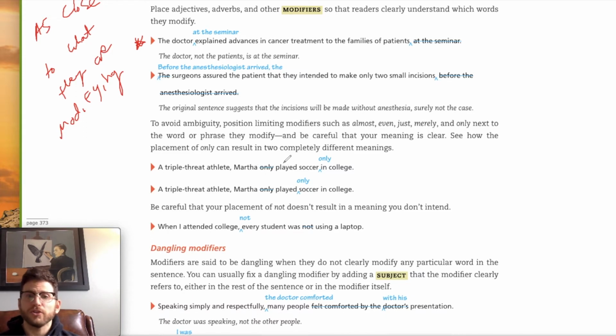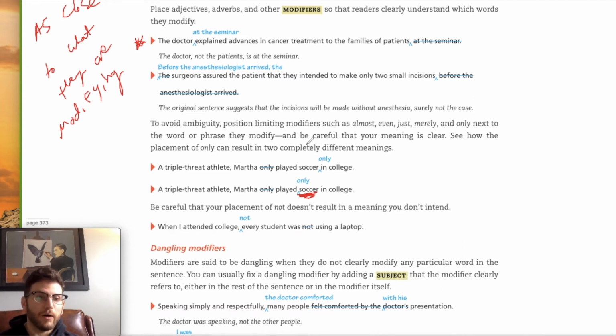So, sorry, I misread the sentence. So, if we want to say that she played soccer and soccer alone, okay, then what we want to do is have only right before soccer, because that'll tell us she played only soccer in college.